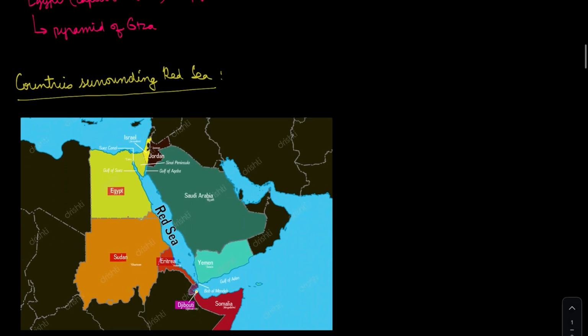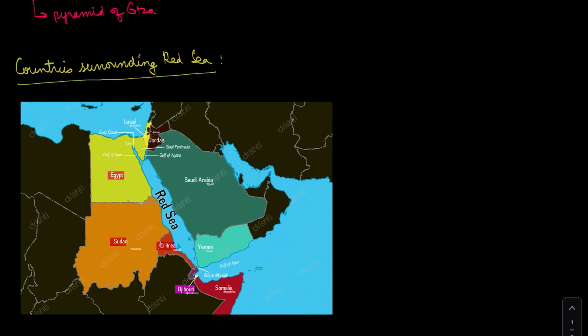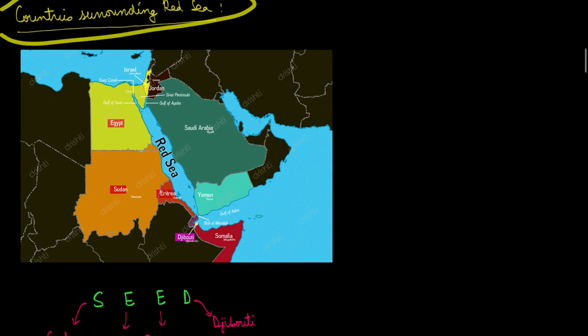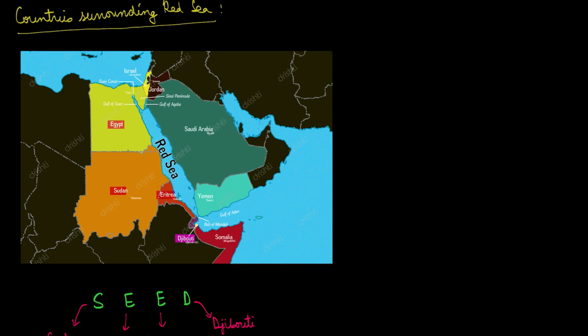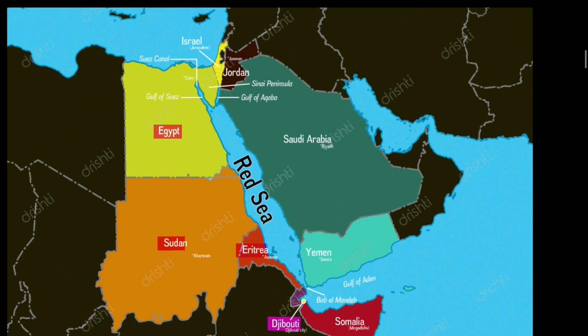So, the countries surrounding Red Sea. This right over here is the Red Sea. And as I've asked you previously to tell me the names of the straits over here. So, first, this between Egypt and Saudi Arabia is the Gulf of Aqaba.